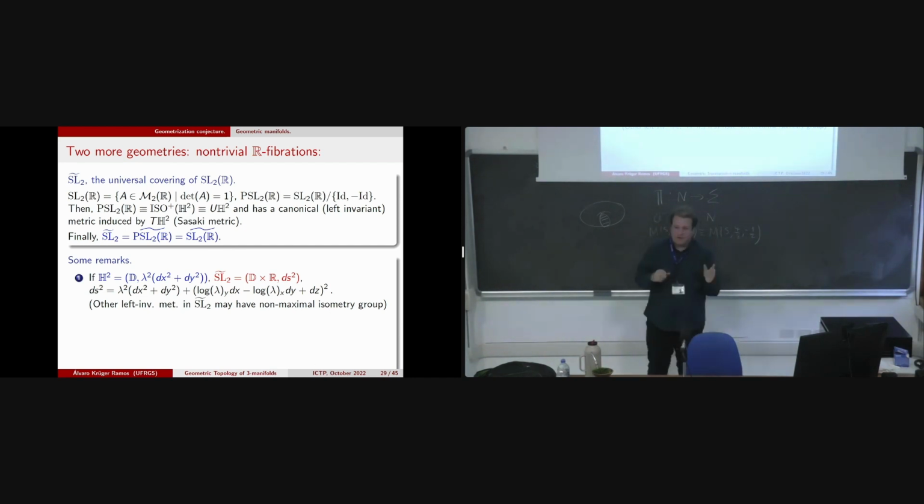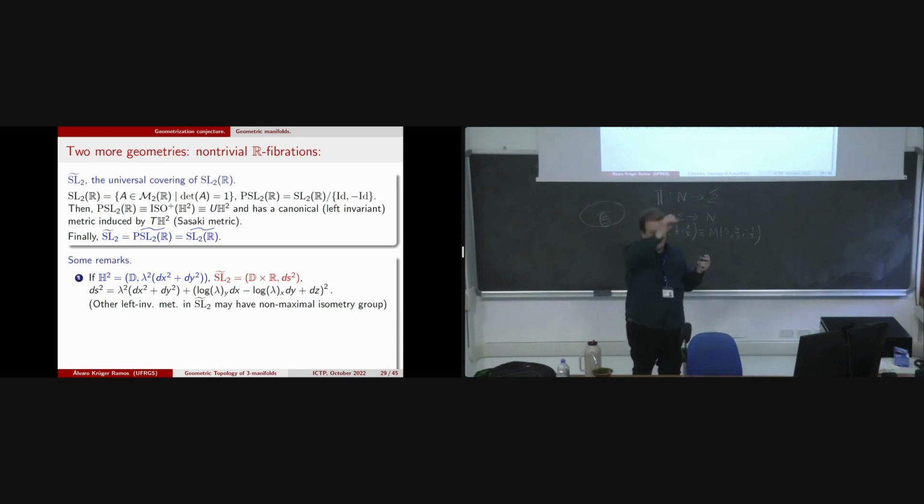You have a 3-parameter family of left invariant metrics on SL2R tilde, of non-isometric left invariant metrics, and it's going to have a maximal isometry group if and only if 2 of the parameters are the same. So think of R3, and you have a plane, a vertical plane. In this plane, you have maximal isometry group.